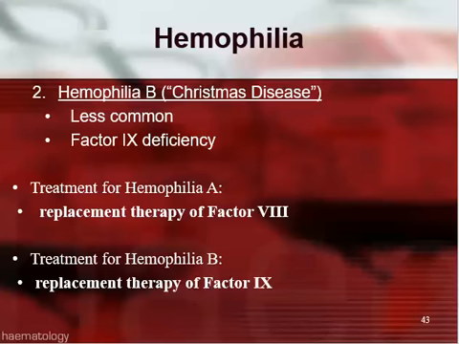Now, in the old days, they didn't know what these factors were, let alone being able to synthesize them to use as therapy. So these children often died prematurely from bleeding disorders. And it's probably fairly famous because of the number of carriers there are in royal families.